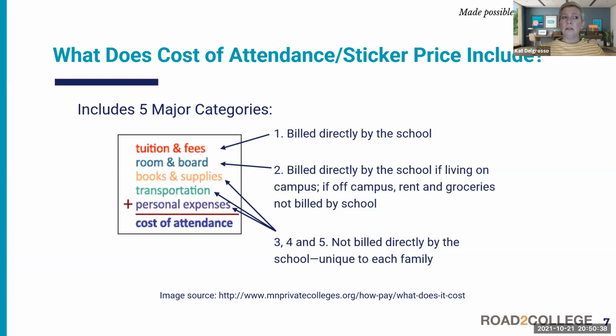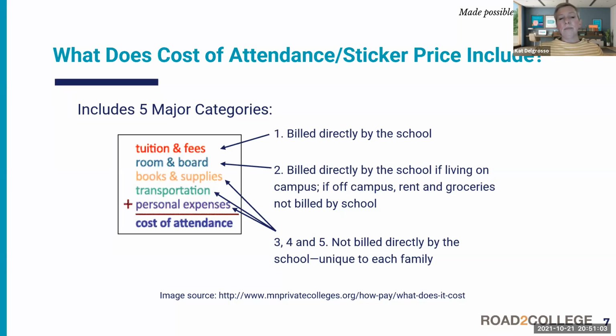However, the colleges and universities have to come up with some sort of estimate of how much on average a student will incur through these 3 categories. Even if they're not billed by the school, the student and the family are still going to experience these things as necessary things to go to college.